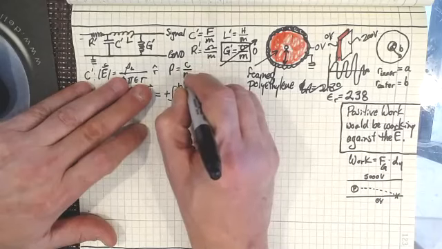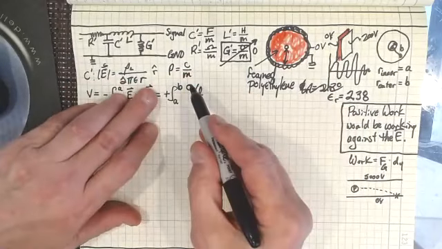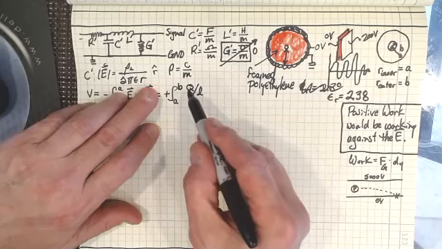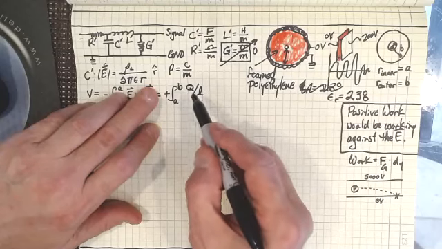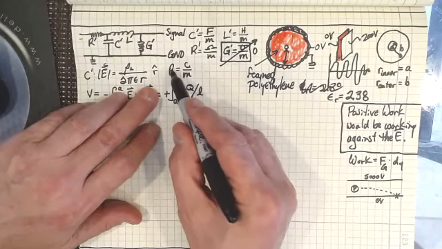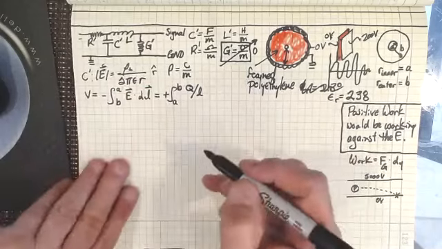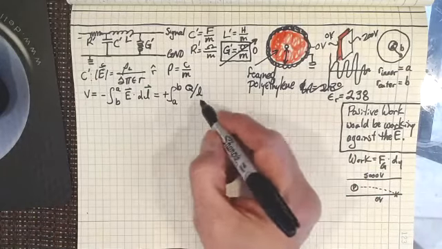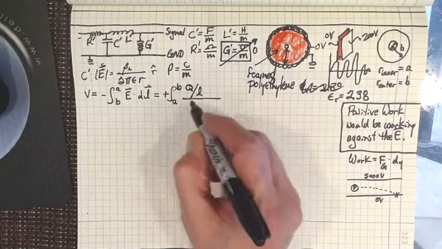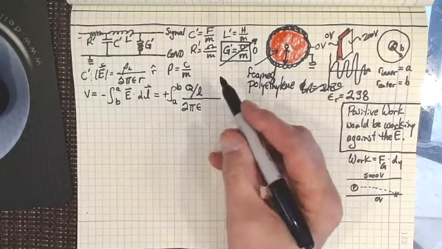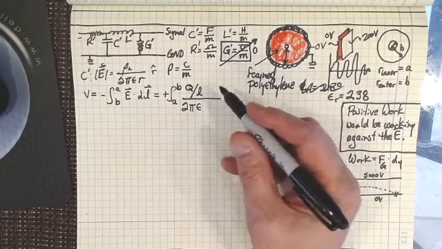So I take all the coulombs in the whole wire and divide it by the total length of the wire, and that gives me coulombs per meter, which is the density. So I'm going to write rho like that, and in the bottom put what I had there, 2 pi epsilon times r.